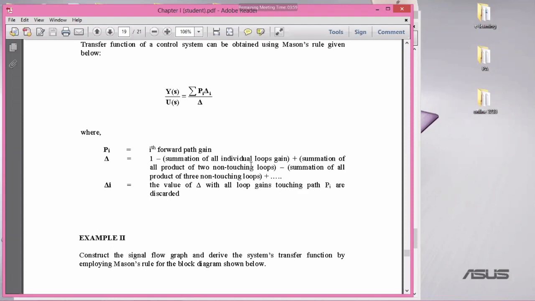If there is no non-touching loop, then you don't have that term. If you have the product of three non-touching loops, then you have to subtract that as well, and so on. If all the loops touch each other, then all you have is just 1 minus the summation of all individual loop gains. That's for the delta. You need to look for the non-touching loops, and you need to take the product of that. You need to multiply the loops together and put it in these parentheses.